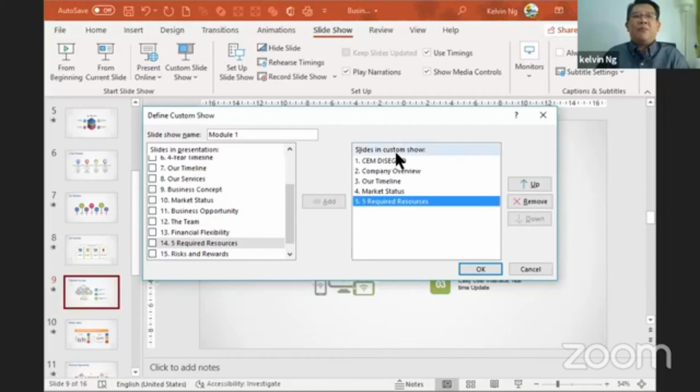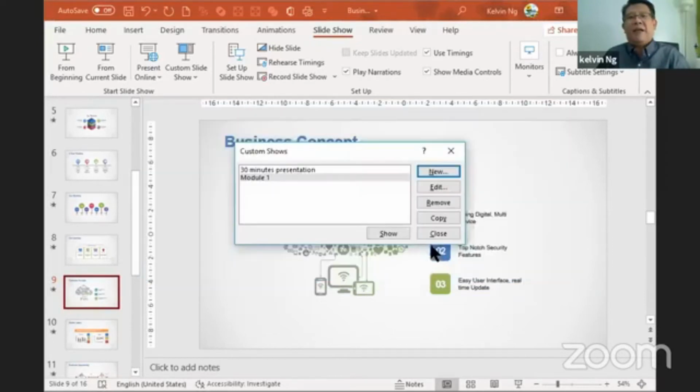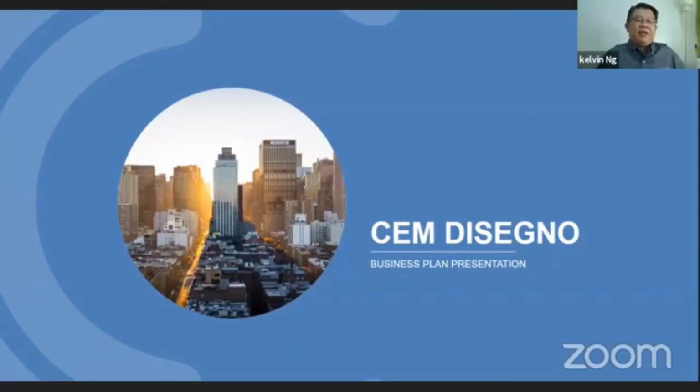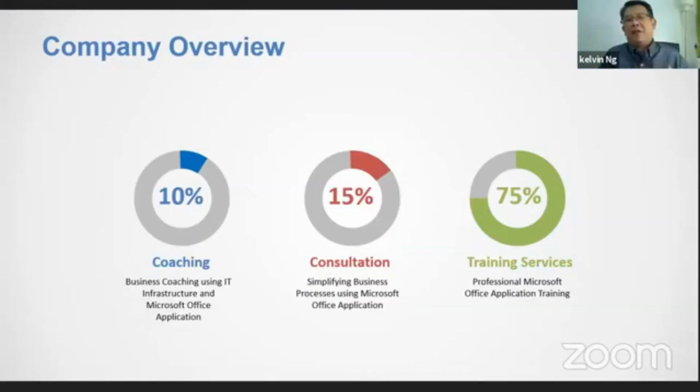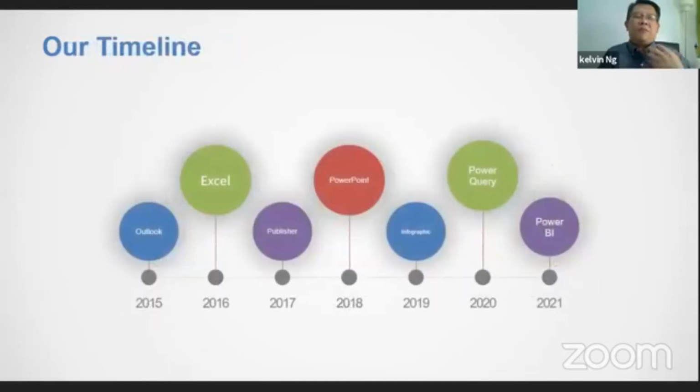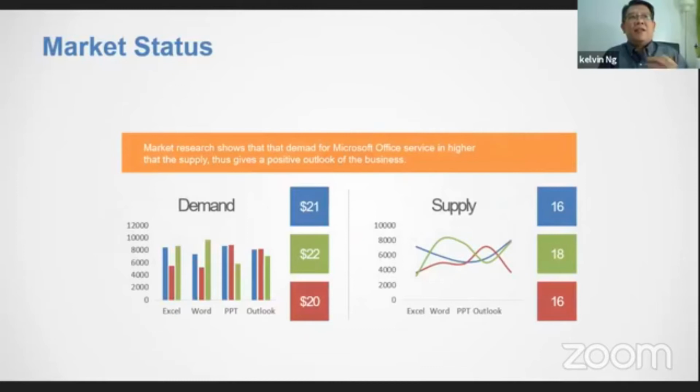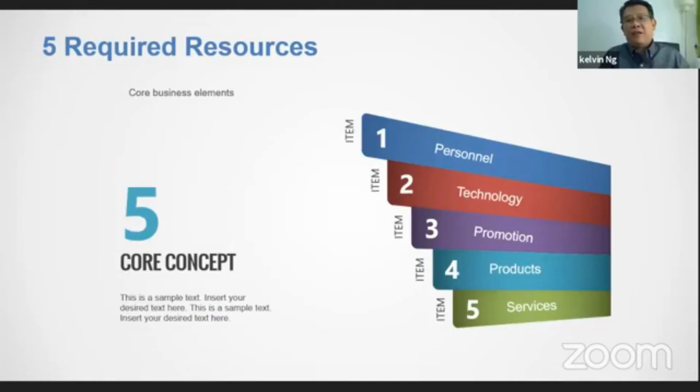So you add this first module, and you're going to talk about these 5 different slides. So you click OK. Then you can click show. So when you present, you present about the company overview, you talk about the timeline, you talk about the market status, you talk about the required resources, and finally finish.